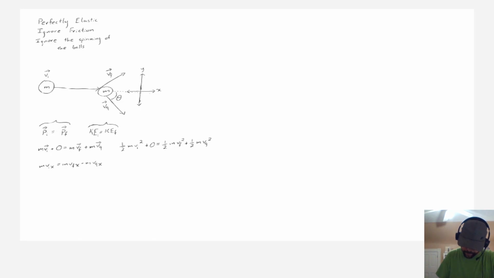This one's already done, so we're going to keep this as it is. So I'll move the y direction for the momentum right beside this here. Mass times the velocity initial in the y direction equals mass times the velocity final in the y direction plus mass times the velocity of the 9 ball in the y direction.